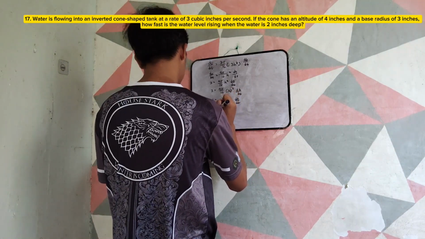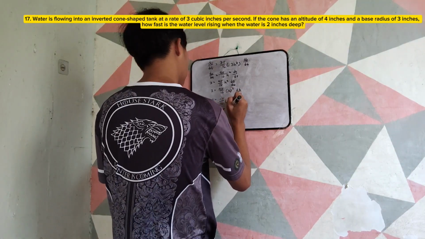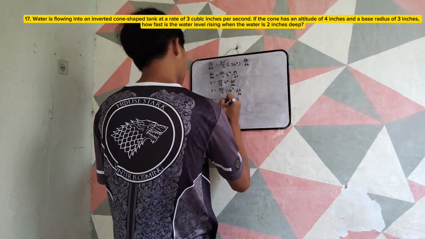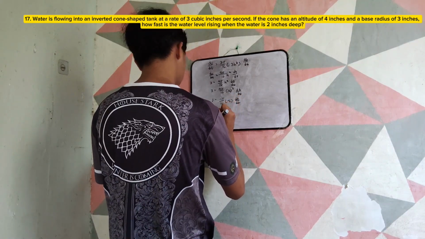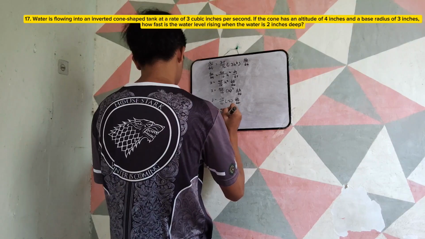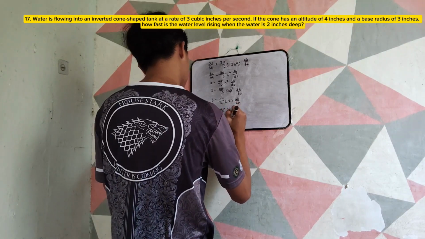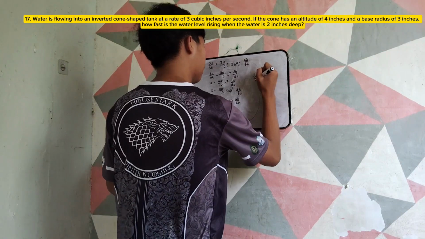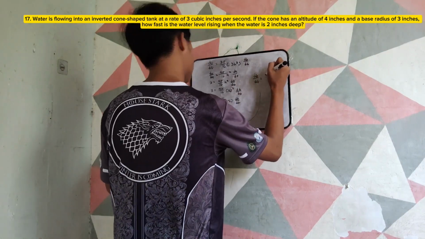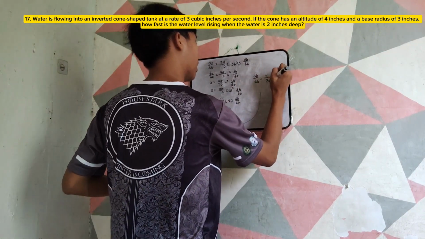So 3 is equal to 9 pi dH over dt all over 4. So 3 times 4 over 9 pi equals dH over dt. So therefore our final answer will be dH over dt is equal to 4 over 3 pi.